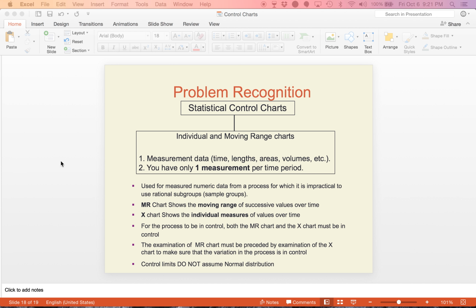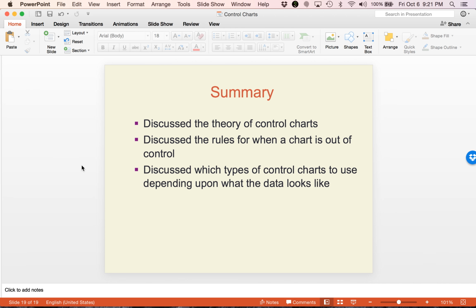So that concludes our screencast on control charts. We've talked about various different kinds of control charts. The basic way you decide which control chart to use is first understand whether you're looking at categorical or numerical data, i.e., are you counting something or are you measuring something for your process?